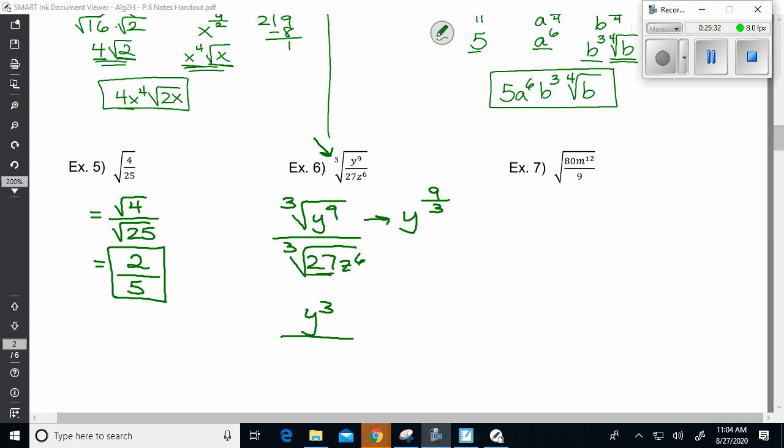For 27, the cube root of 27 is 3. For z, that's 6 divided by 3 is 2. Z to the 2nd power. And that's it, problem's over.